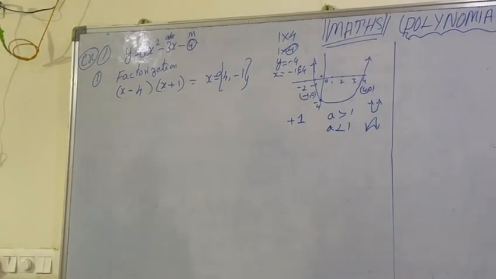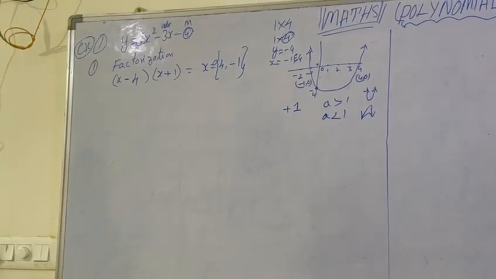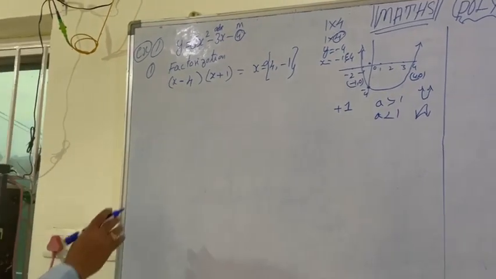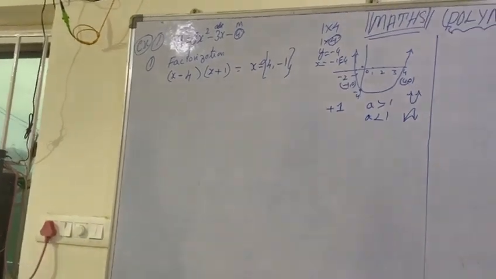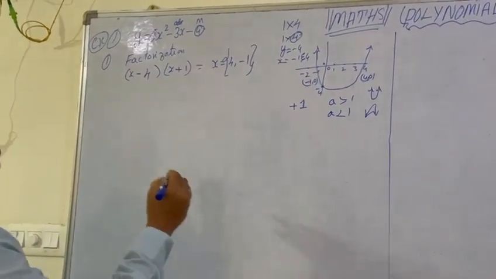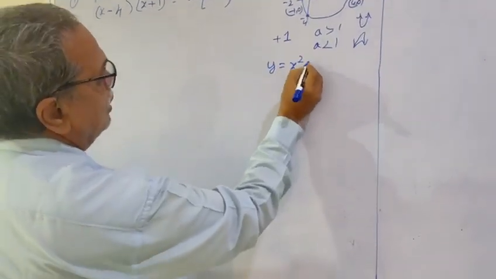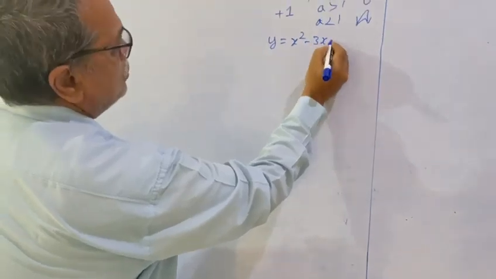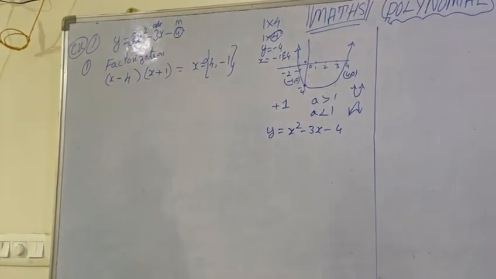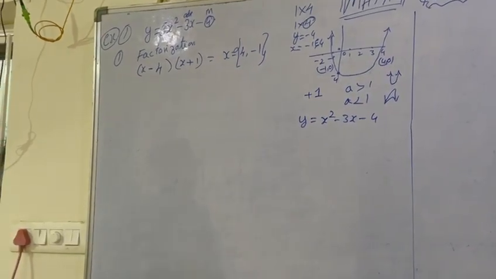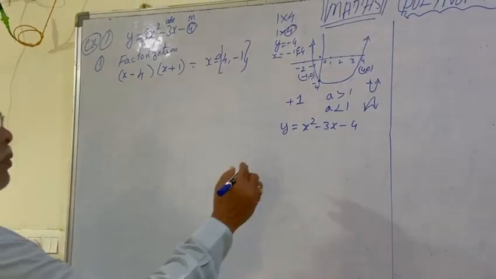First you will have to make a TOP, table of ordered pairs. For that you will have to take the equation. What is the equation? Y is equal to x square minus 3x minus 4. You will have to take from minus 4 to plus 4 for the polynomial graph.